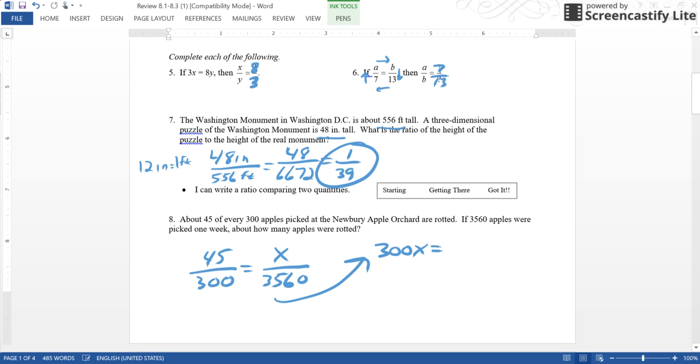I get 300x equals 45 times 3,560. It's going to be 160,200. I'm going to divide by 300. I get x to equal 534 rotted in 1 week. Okay, we're going to stop right here.